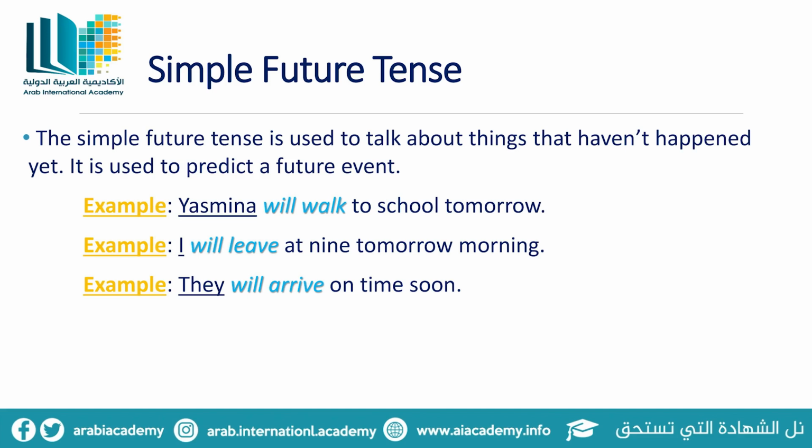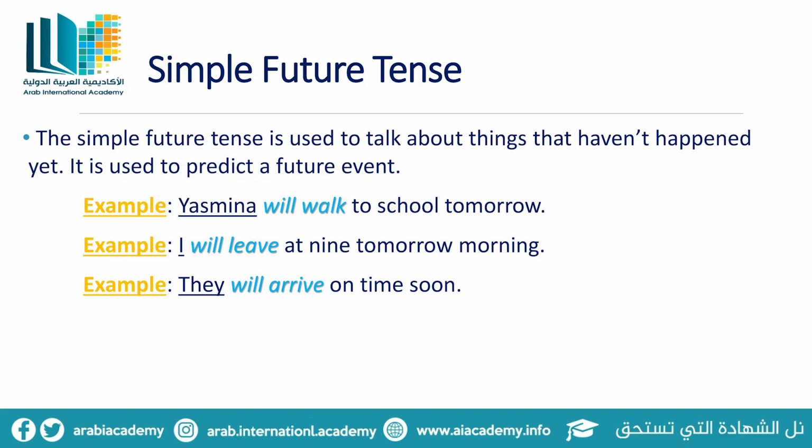For the second example, I will leave at 9 tomorrow morning. I is the subject, then we added will plus the verb, then the rest of the sentence, and leaving as an action will happen in the future at 9 tomorrow morning.